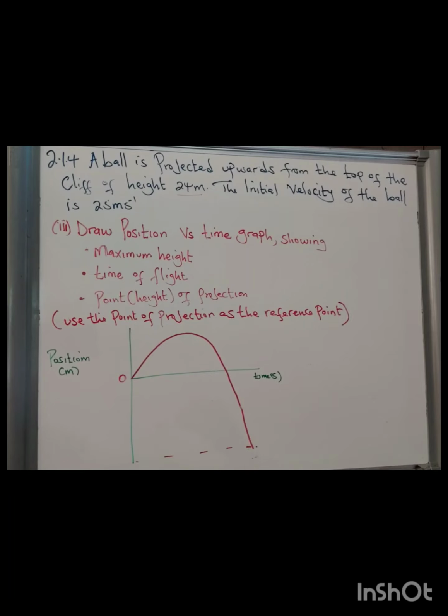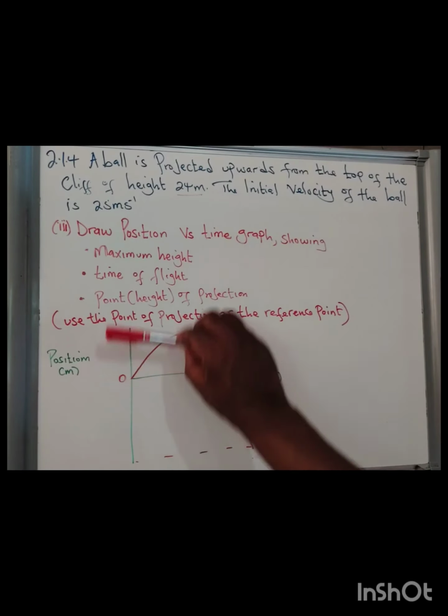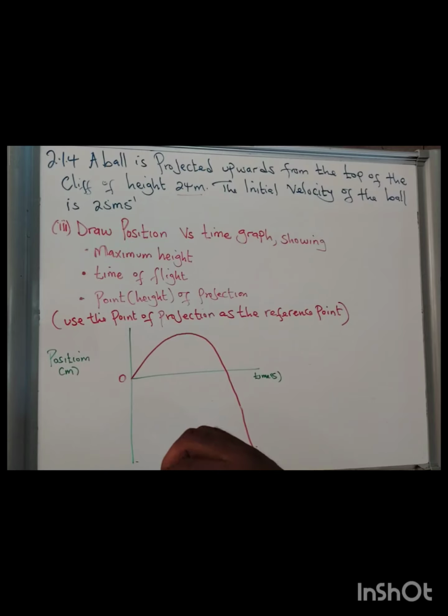So because that's where we start measuring from, it is the 0. So the 0 of the y-axis is that one. And remember, from the Cartesian plane, the numbers above 0 are positive, and the numbers below 0 are negative. That means that what we have here is the height of the cliff, which is 24.